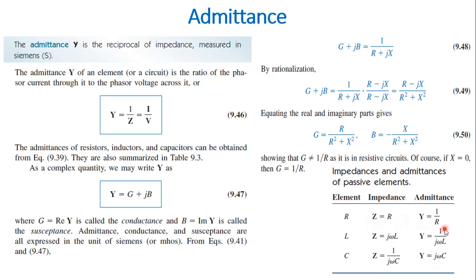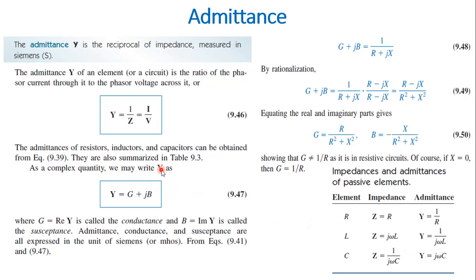For a resistive element, admittance is 1 by R. For an inductor, impedance is j omega L, so admittance is 1 by j omega L. For a capacitor, impedance is 1 by j omega C, so admittance is j omega C. These are the admittances of the resistor, inductor and capacitor.